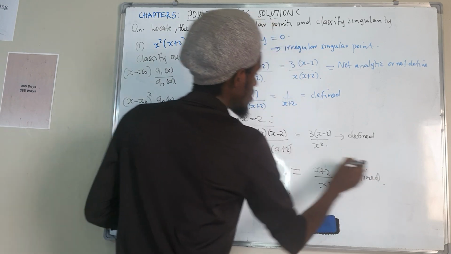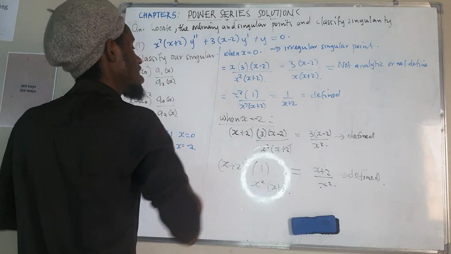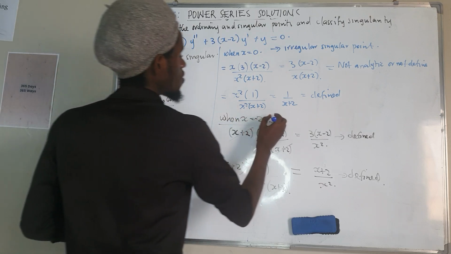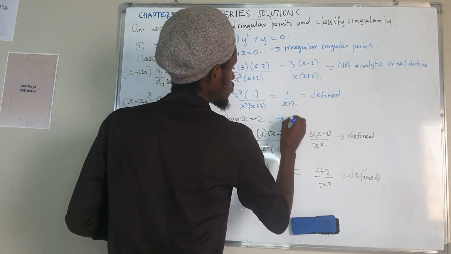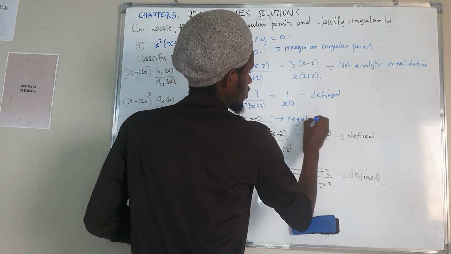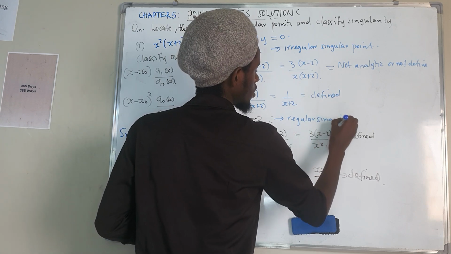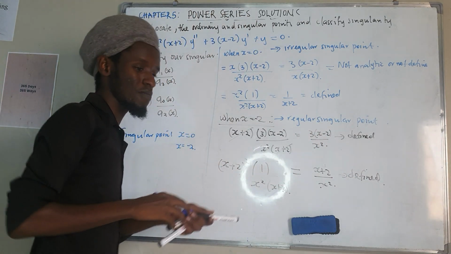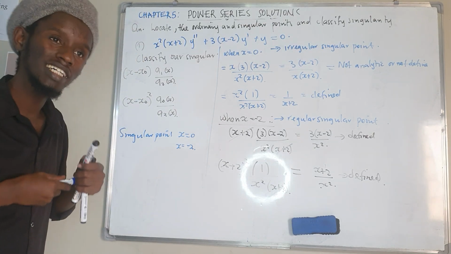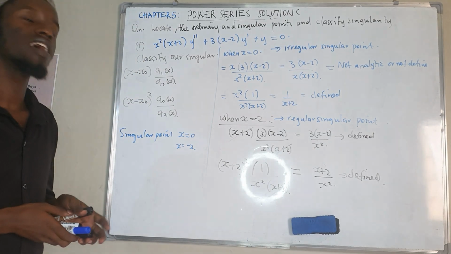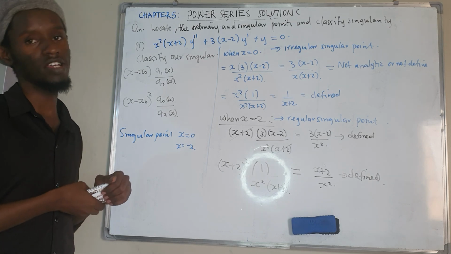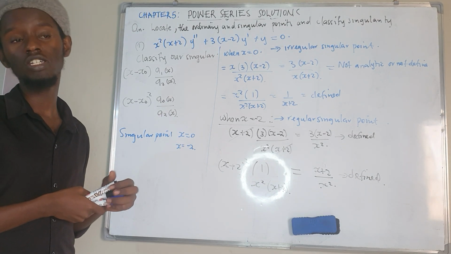Now, if both of them are defined at that point, I conclude that at x equals negative 2, this is what we call a regular singular point. I think with this, you can be able to locate and see different singular points and ordinary points and classify their singularity.